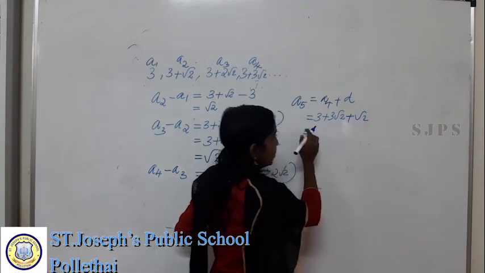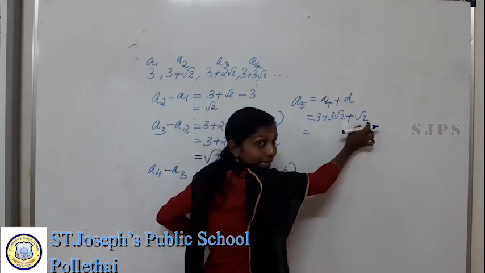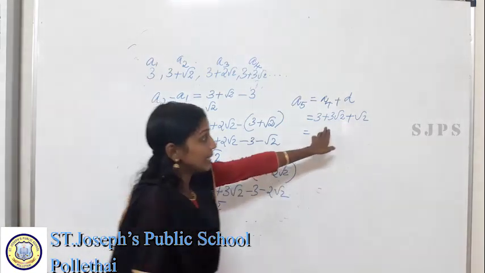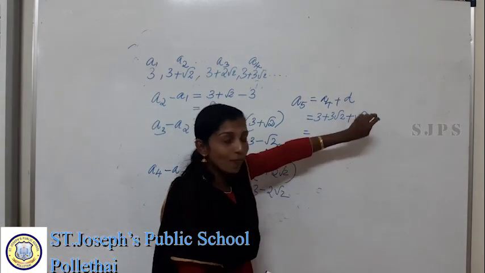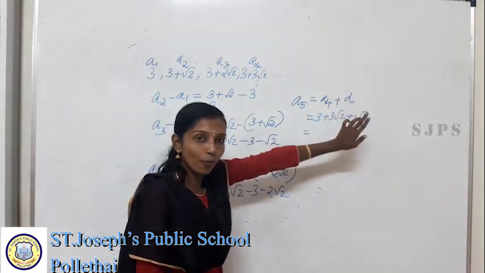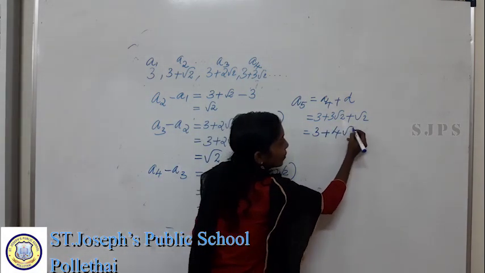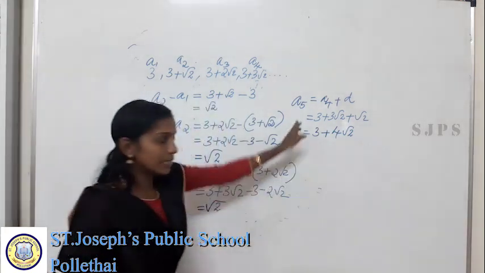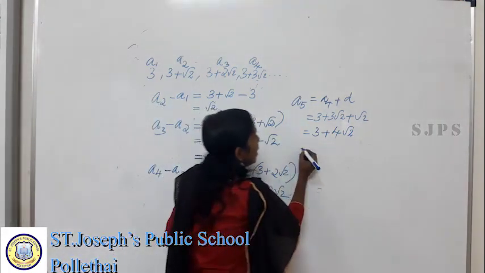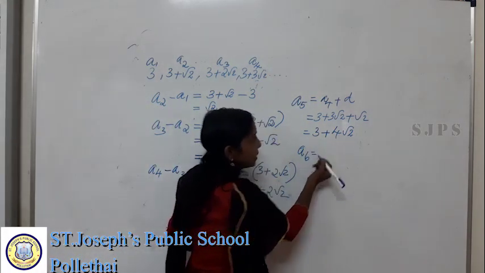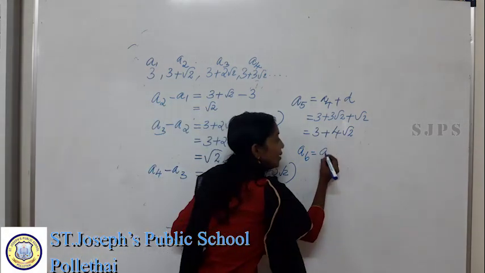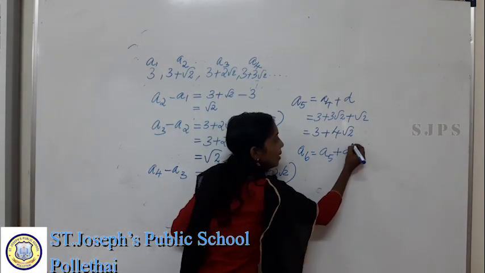We can add these two irrational numbers: 3 root 2 plus 1 root 2, we get 4 root 2. This 3 plus 4 root 2 is the fifth term, and its sixth term is A5 plus D.